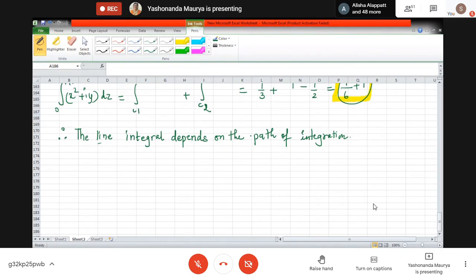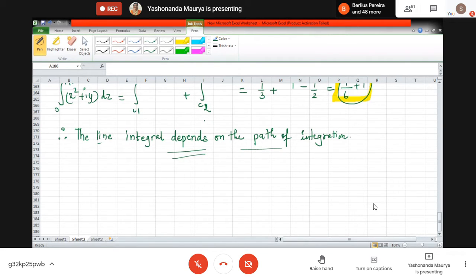Now is there any special case where this dependency can be removed? That is our next question. We have the answer that yes, there are some special cases where this dependency is not there. It means if I have a certain type of function, then whatever path we choose, we will be getting the integral to be a unique value. It will not be dependent on the path.